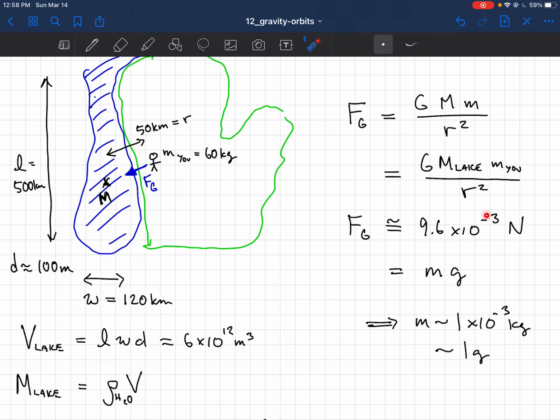That's what we found here. And if we were to convert that into a weight of some object, then that object would have a mass of 1 gram. Well, that's about the mass of a paperclip. So Lake Michigan is tugging on us, but it's exactly how much the whole Earth tugs on a paperclip. So we don't really feel it.